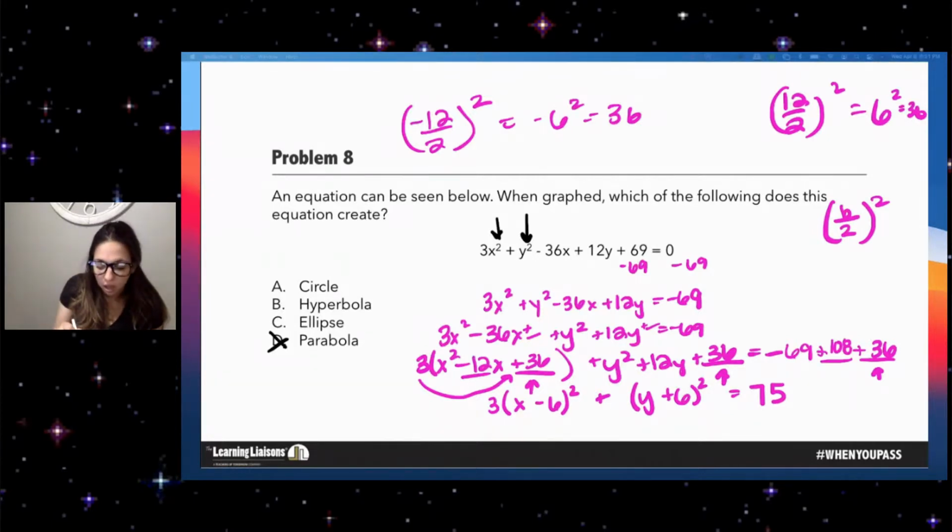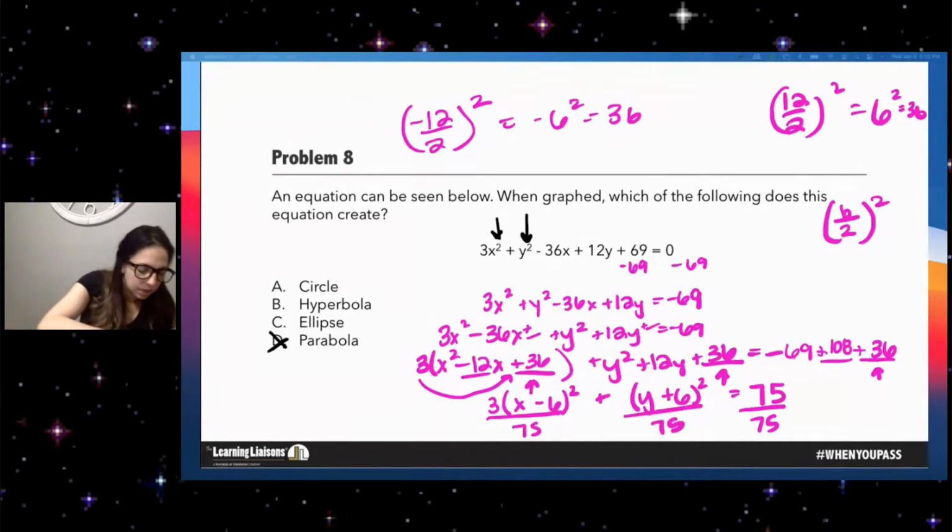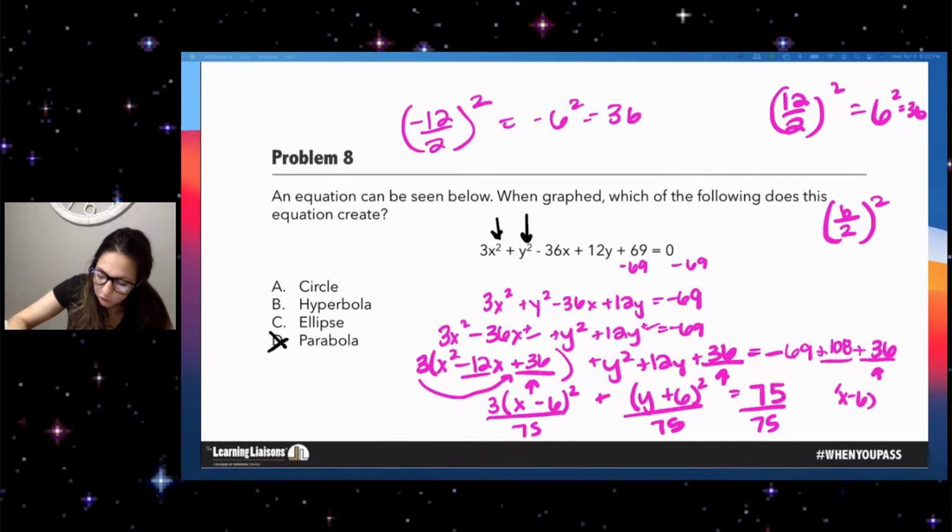Now, because I have this 3 right here, I'm going to divide both sides by 75. And 3 goes into 75 25 times, so I'm left with x minus 6 squared divided by 25 plus y plus 6 squared divided by 75 equals 1.